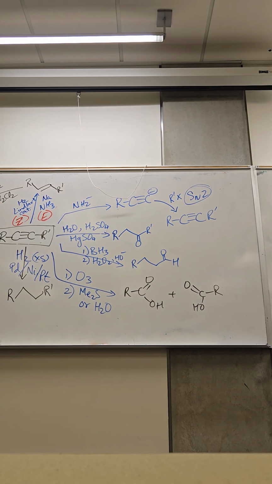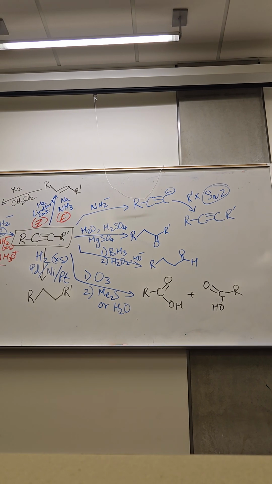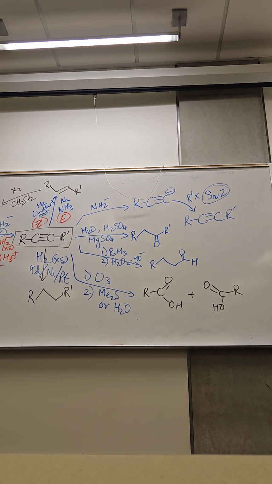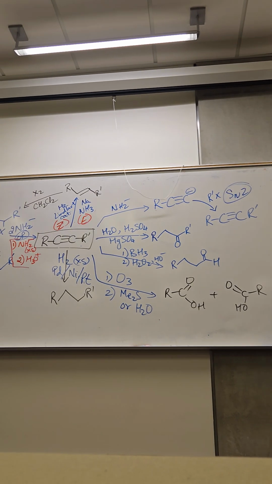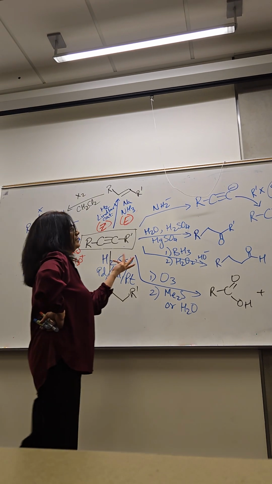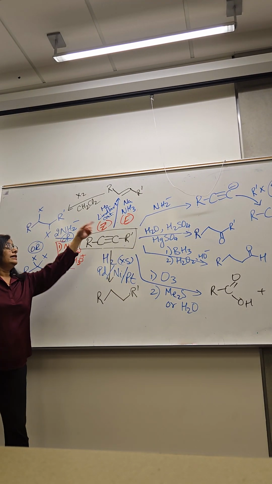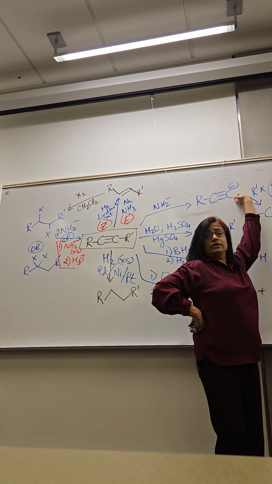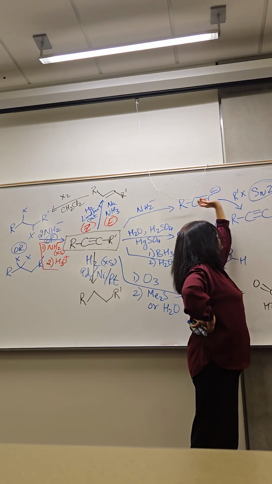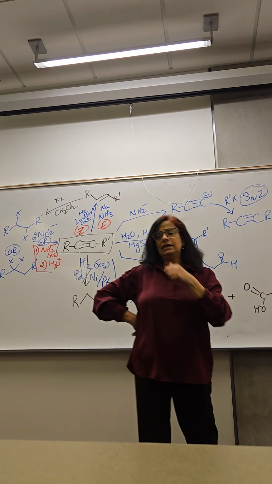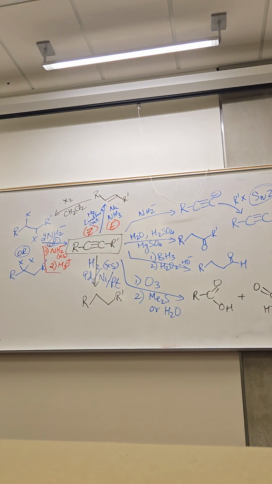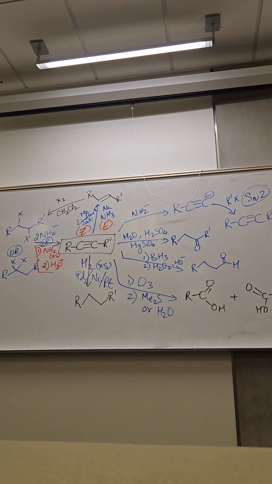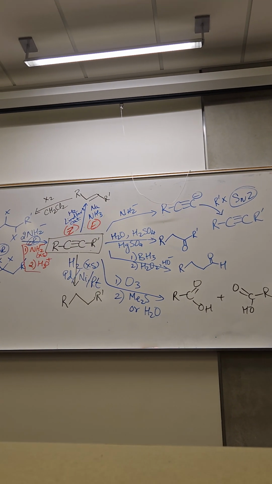Did we talk about any other reaction that's actually useful? Reduction, hydration, and ozonolysis. Those are the main ones. And alkylation, basically converting this into a good nucleophile and then alkylating, and then putting it through SN2. So that's kind of a summary for alkynes, guys.